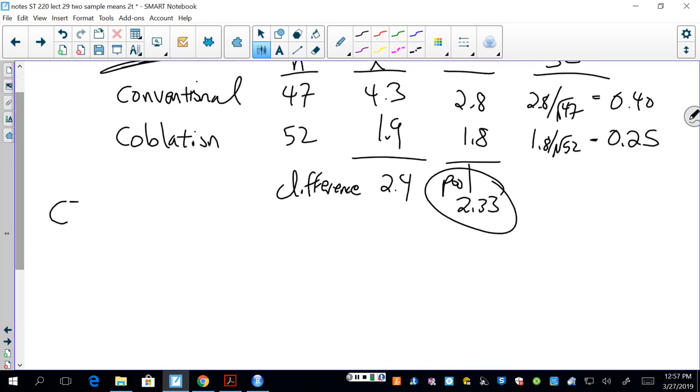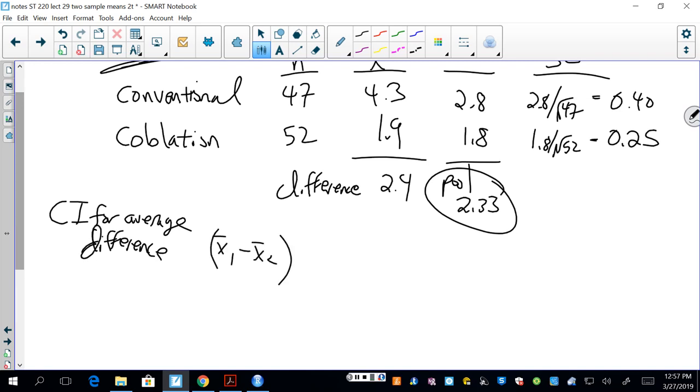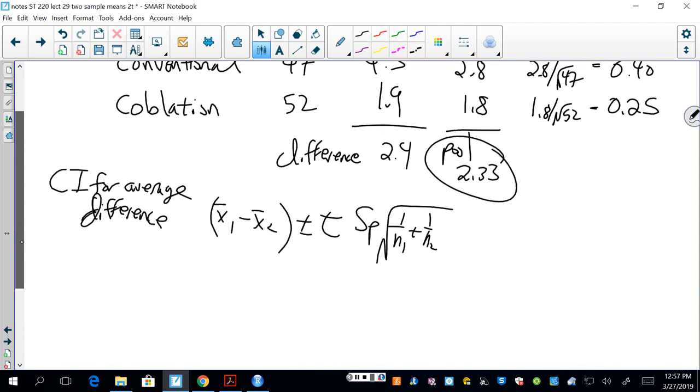So we do a confidence interval for the average difference. X bar 1 minus x bar 2 plus or minus a t-value times, if we pool, the square root of 1 over n1 plus 1 over n2 in the two samples, times the standard deviation there.